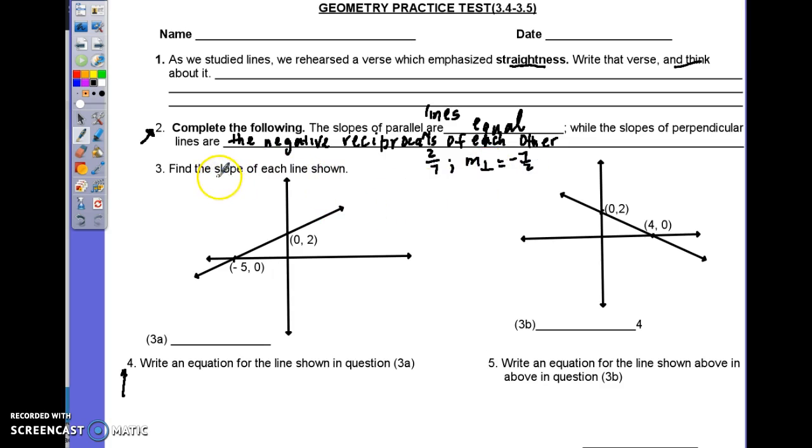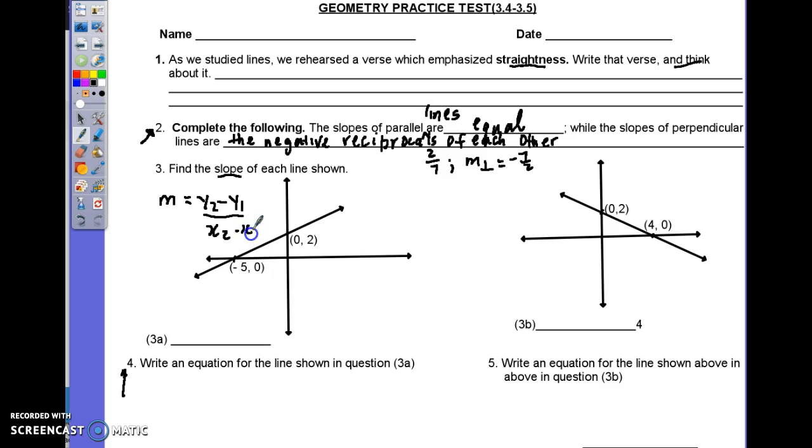And that leads us to finding the slope of a line given 2 points on the line. We've been through this before, but now finding the slope of a line, we use a formula: slope equals y2 minus y1 over x2 minus x1.